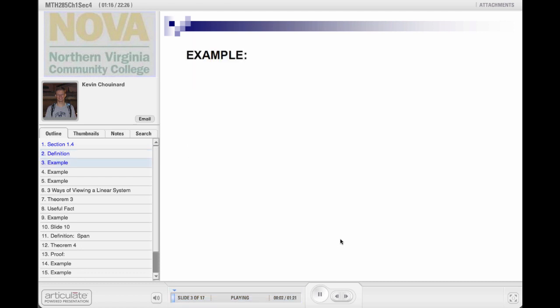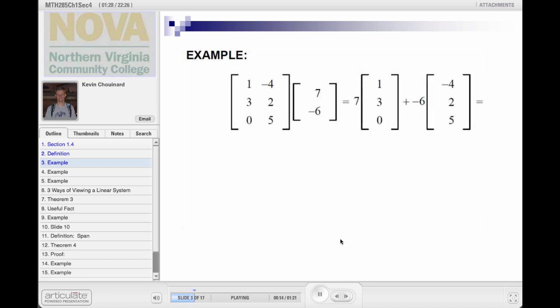Okay, so here's an example where we see this matrix times vector multiplication. Suppose we have the matrix 1, negative 4, 3, 2, 0, 5 times the vector 7, negative 6.